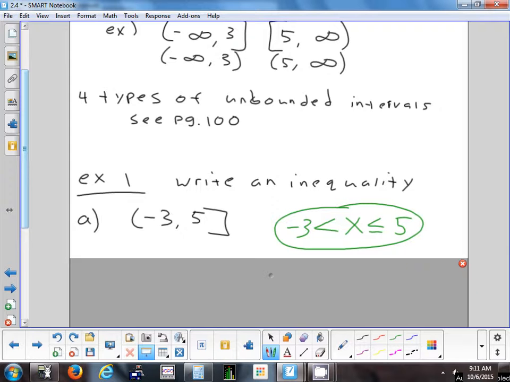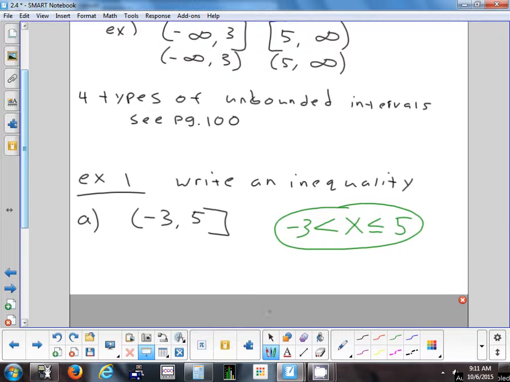These two are exactly the same thing. Interval notation, inequality. Questions on that? Is this a bounded interval or unbounded? Well, the half part gets into the open and closed. This is bounded, because there's a number on each end.